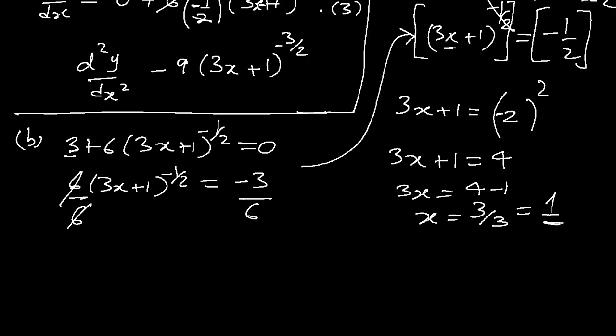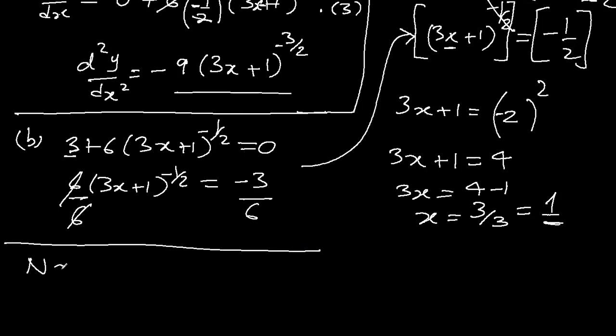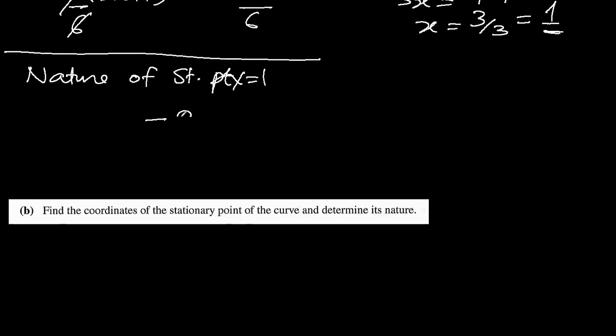So for nature, we take help of the second derivative, which is this. So for nature now, where x is equal to 1. So we'll substitute x equal to 1 in our second derivative, which is minus 9, 3x plus 1 to the power minus 3 over 2.